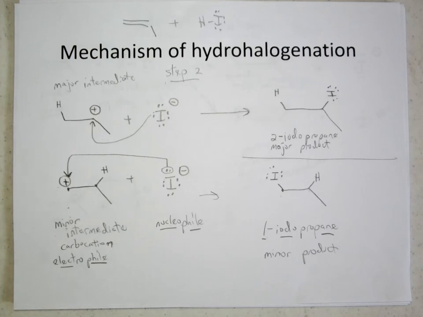So definitely a good idea to work through relatively simple two-step mechanism, protonation of the alkene to give a carbocation intermediate. Then the second step is the nucleophilic attack of the halogen on the carbocation to give the final product. So hopefully this is clear and useful and will prepare you well for the final exam.